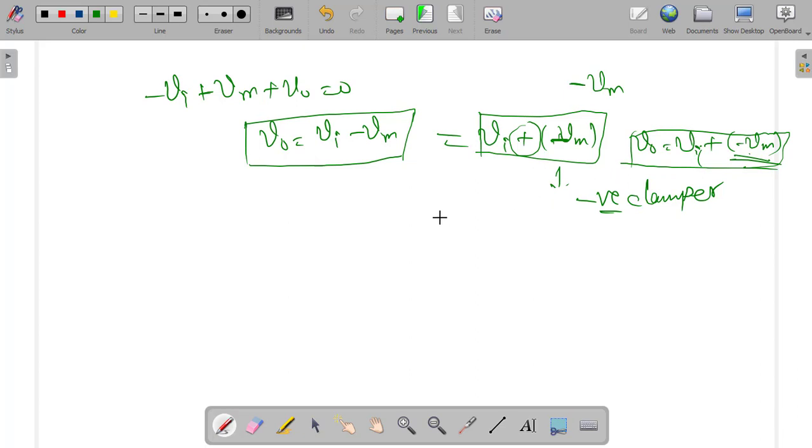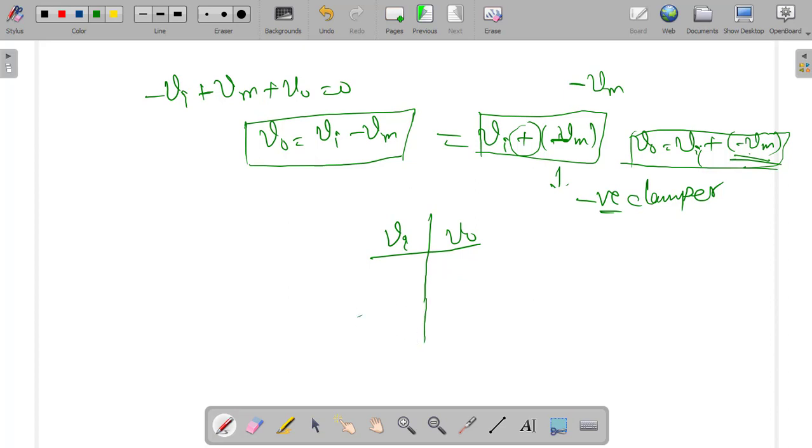So let us check the possible conditions of Vi so that we will find V0. Vi has only two positions, either plus Vm or minus Vm, because it is a square waveform.